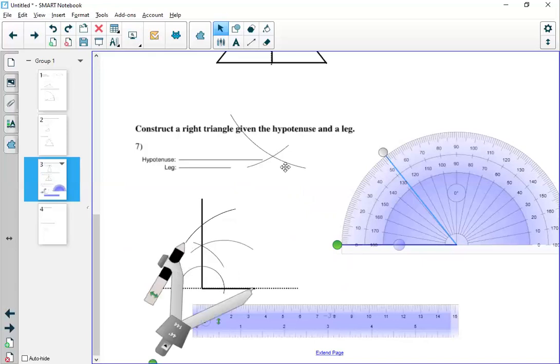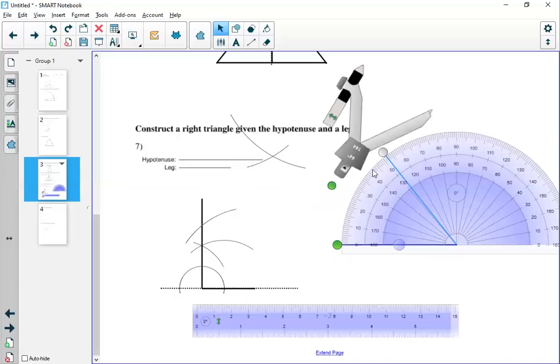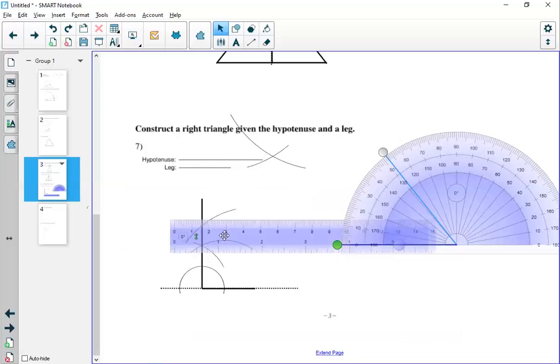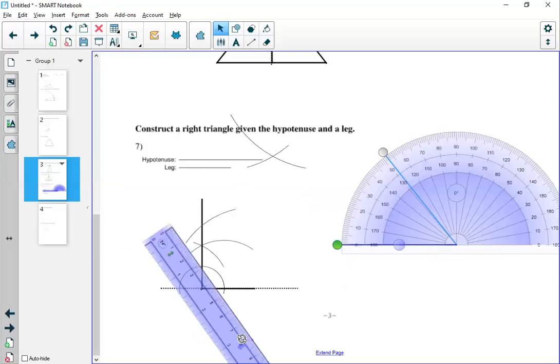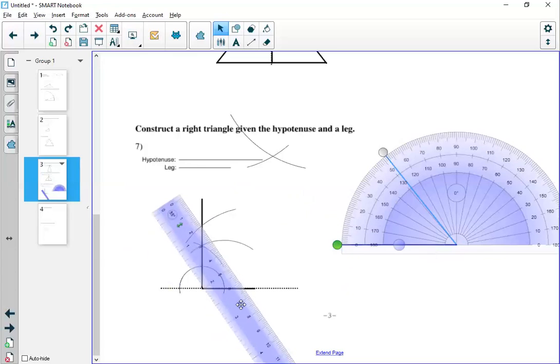Good. So with this, we can now draw a straight line to connect the point of intersection of the arc and that right angled line to the end of the base of the triangle. Make sure it's the point of intersection.